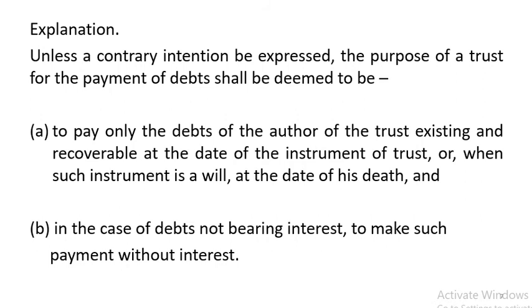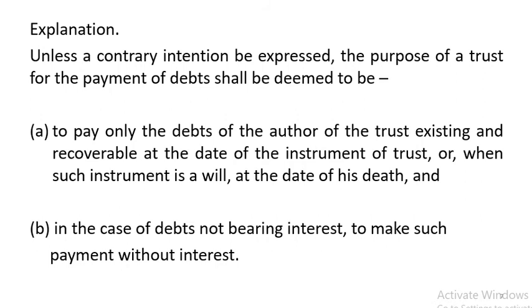Sometimes at the time of creation of the trust, that may be all right, but after 2 years or 5 years, it may be an issue. There may be a difficulty. Then what we should do is ask the court. That's why it will be open to the court to sanction a deviation if it is beneficial for the trust. But the court would not ordinarily permit a trustee to deviate from the directions of the author of the trust.